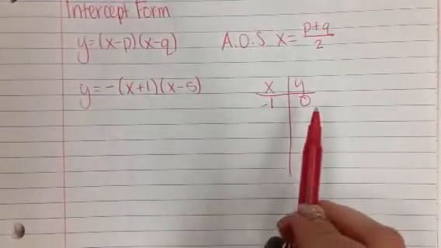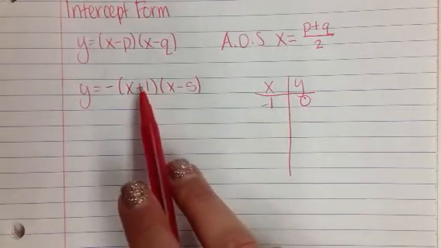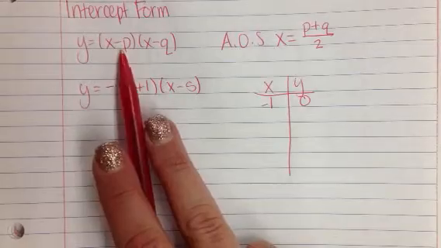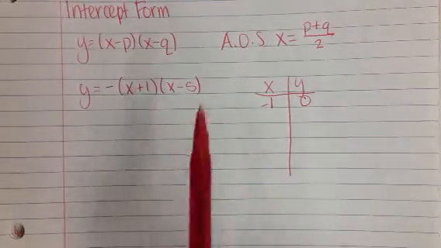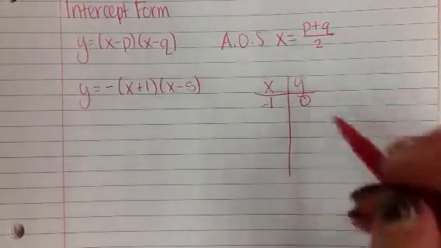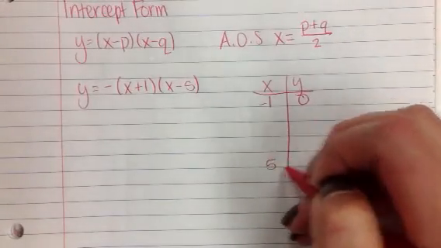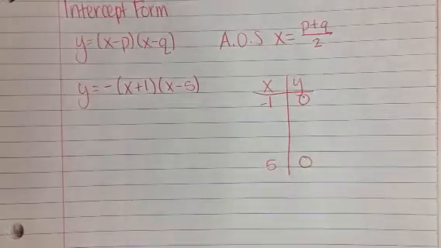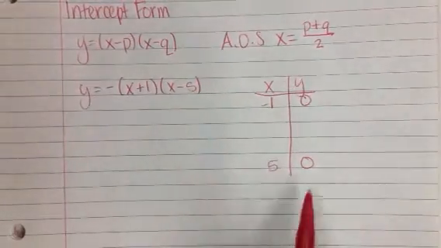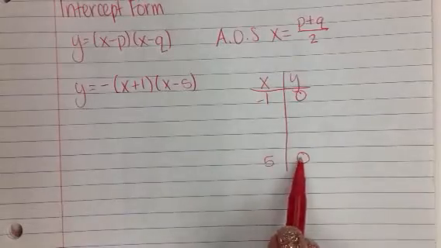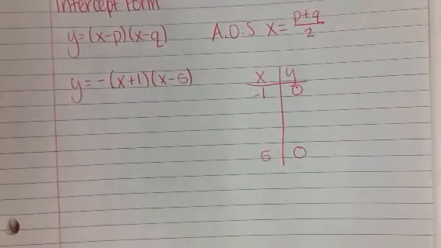Remember, on the x-axis, y is always 0. I had a plus sign here. It's supposed to be a negative sign, so in order to make it a negative, p had to be a negative 1. I'm also going to have a root at 5 comma 0. There was a negative here and a negative there, so this is a positive 5. And again, the y value is always 0 at the x-intercepts.